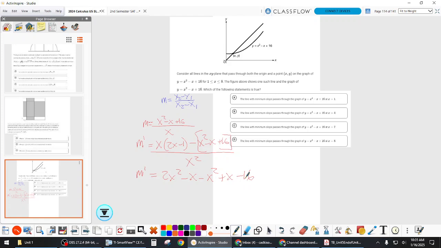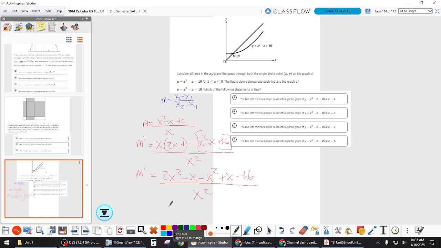Minus 16. Can you guys still see it? I'll zoom back in on the problem when we get there. Okay, so what can we get rid of?